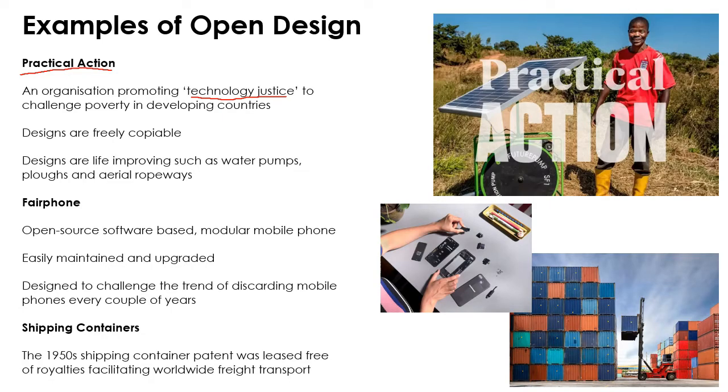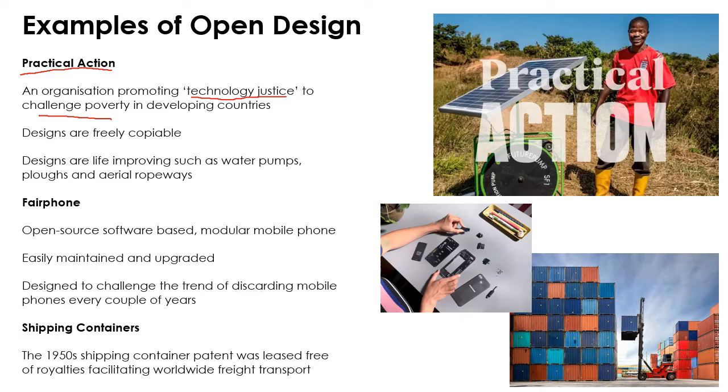Things like water purification and access to clean water, being able to produce your own food, all that sort of stuff. So this organisation produces or creates products and runs projects to challenge poverty in developing countries like Africa, India, places like that.